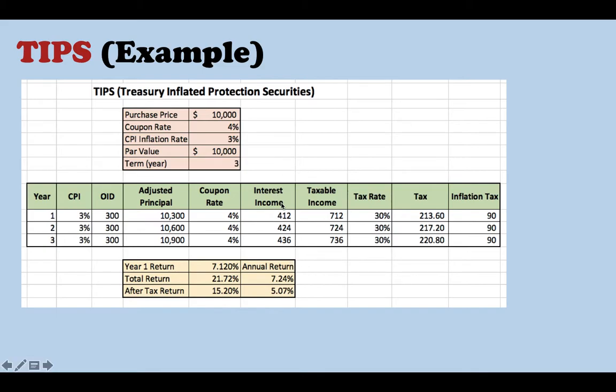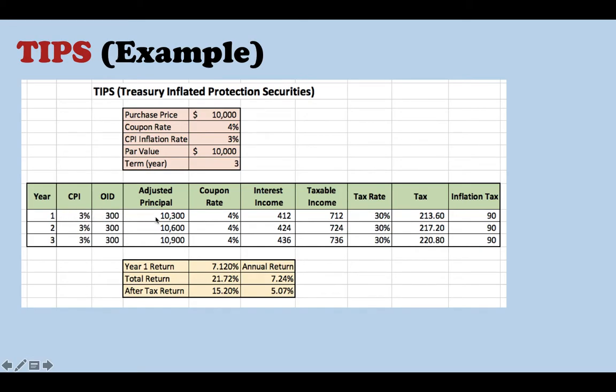So when you have this information, you know this is interest income, you will be taxed. However, even though you adjust the principal, at the end of year 3 you will receive the principal of 10,900. However, during the first 2 years, you have to pay income tax on the inflation adjusted amount.